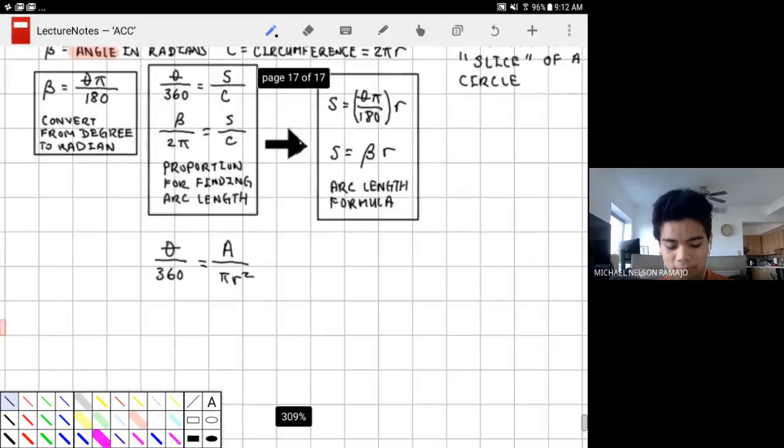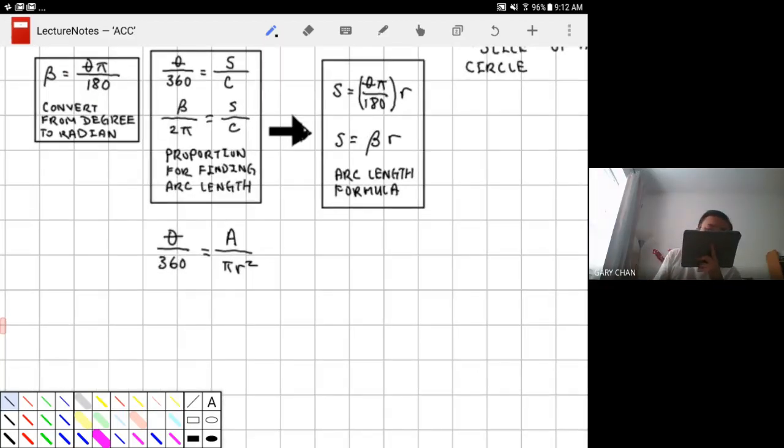So we can set up this proportion in this manner involving degrees, and the alternative is we can also do this using radians. So it's beta over 2 pi is equal to A over pi r squared.